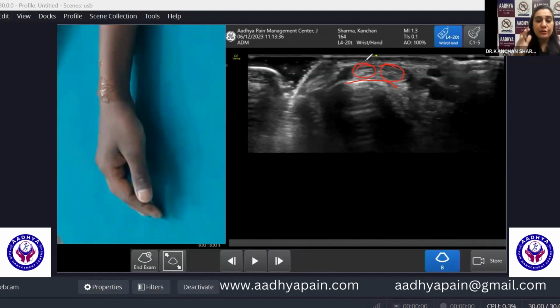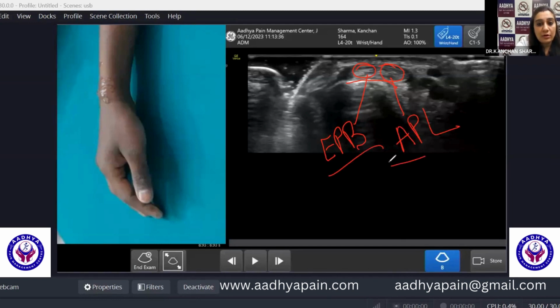We have brought it to the mid-prone position, identified the radial styloid process, and put our probe in the short axis over it, and now again we will be able to identify these two tendons. So this will be your Extensor Pollicis Brevis, and this is going to be your Abductor Pollicis Longus. Fine. So that is another way of identifying the tendons of the first compartment.